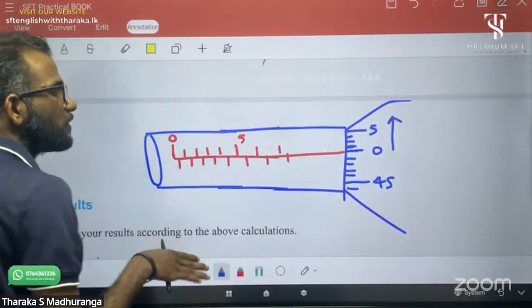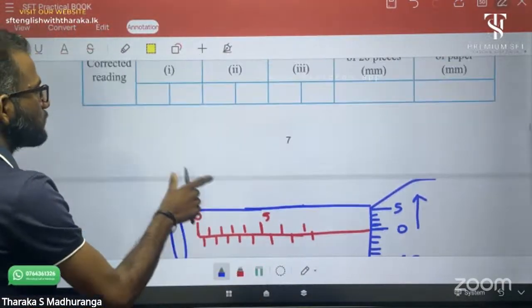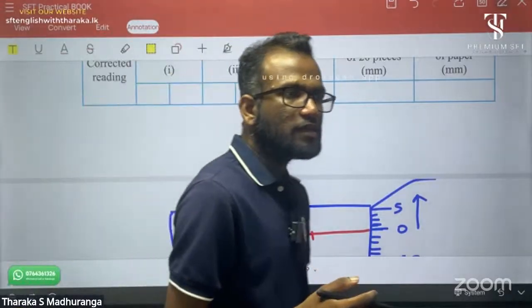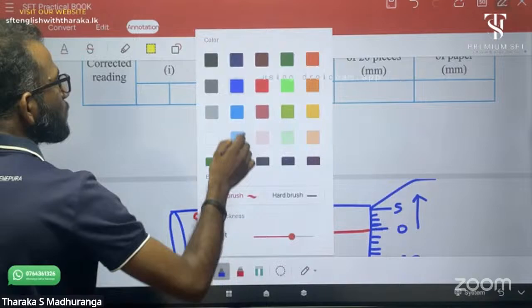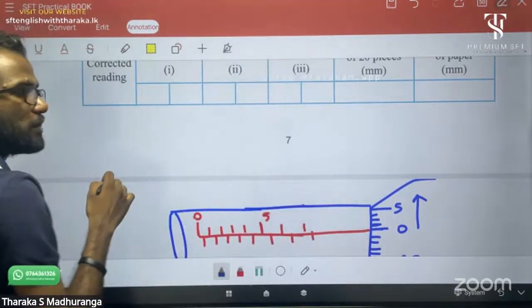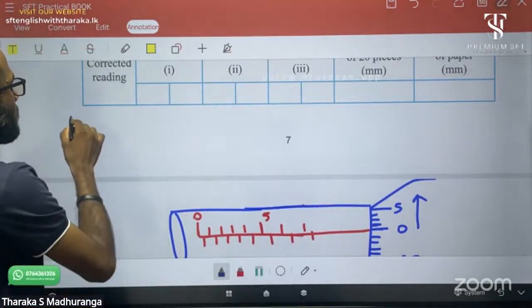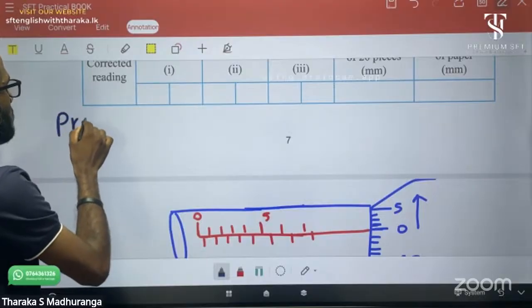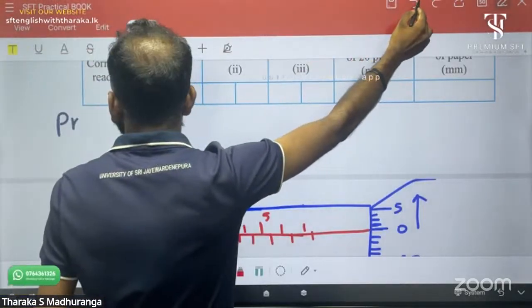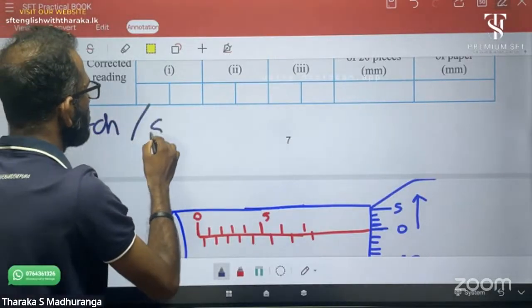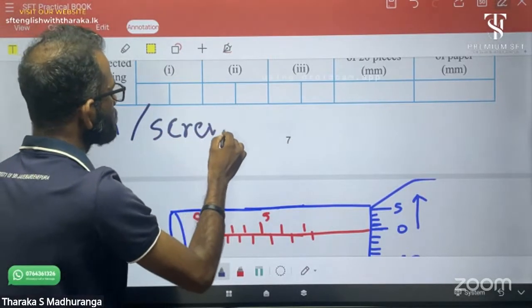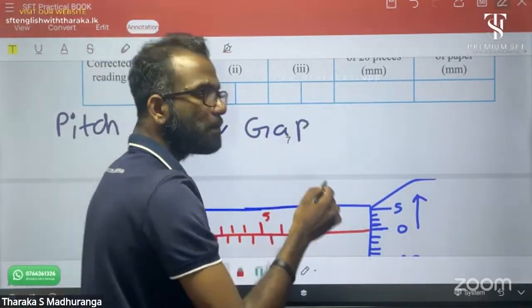Okay, the next thing is there is a special word in the micrometer screw gauge, that is pitch, or screw gap. What is the meaning of screw gap?